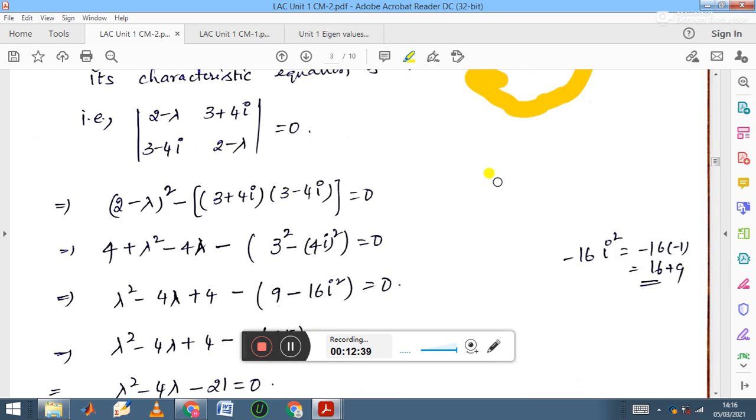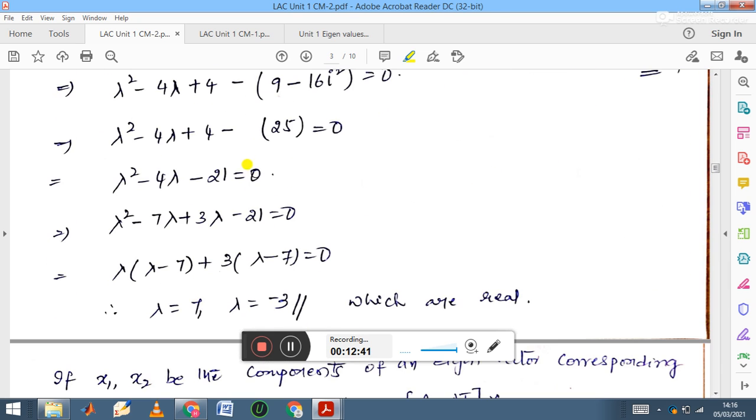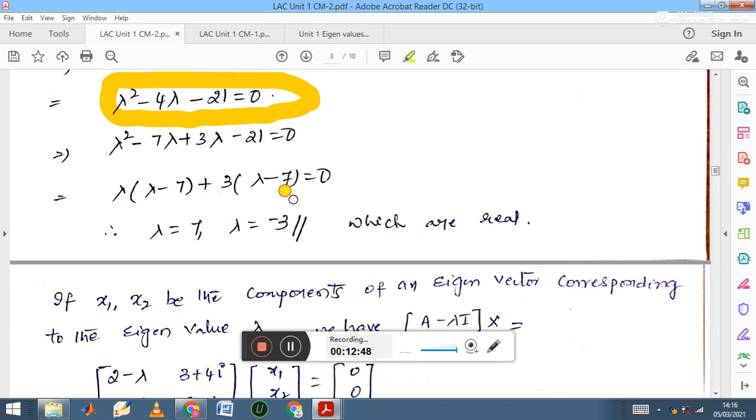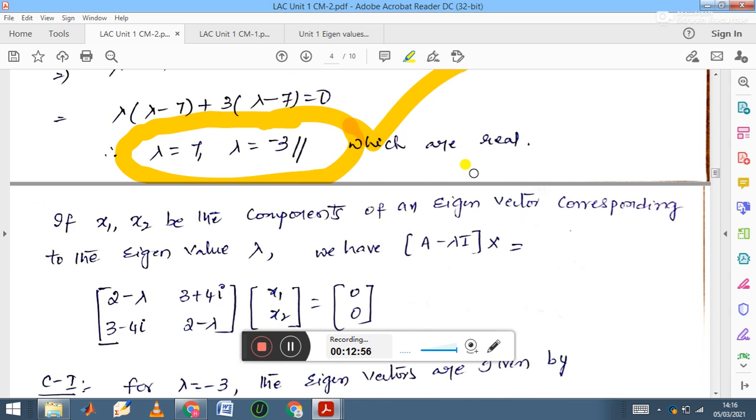Then if you solve this you get a quadratic equation: lambda square minus 4 lambda minus 21 equals 0. If you solve this you get two roots, 7 and -3. Here 7 and -3 are the eigenvalues. Then you need to find the corresponding eigenvectors. When lambda equals 7 you find one eigenvector, and when lambda equals -3 you find another eigenvector.